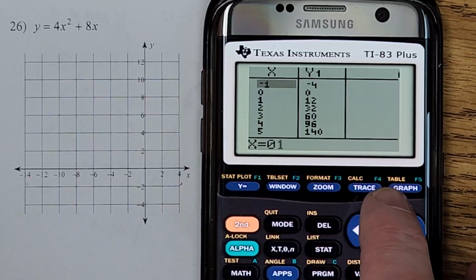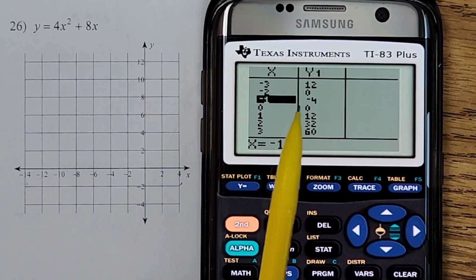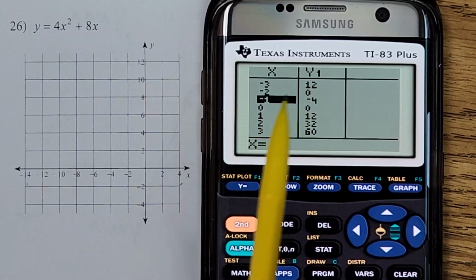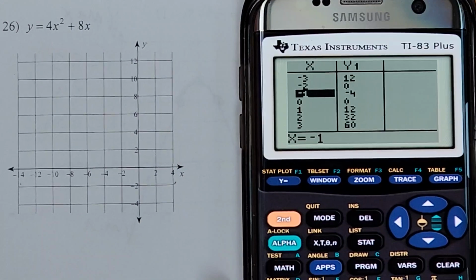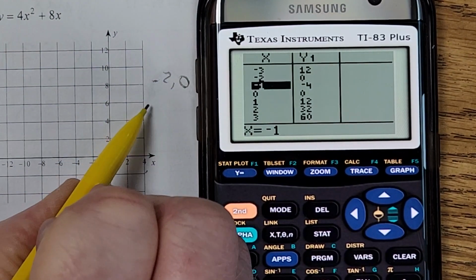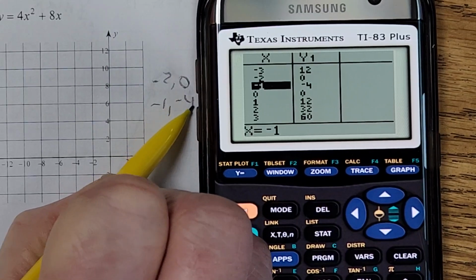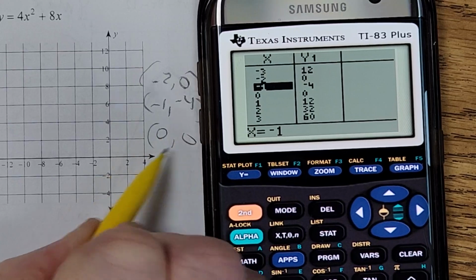And we're going to look for where we see it. Yep. So there's -1, -4, and there's the point above it and the point below it, and these two are the same. So we've got -2, 0. We've got -1, -4, and we've got 0, 0.